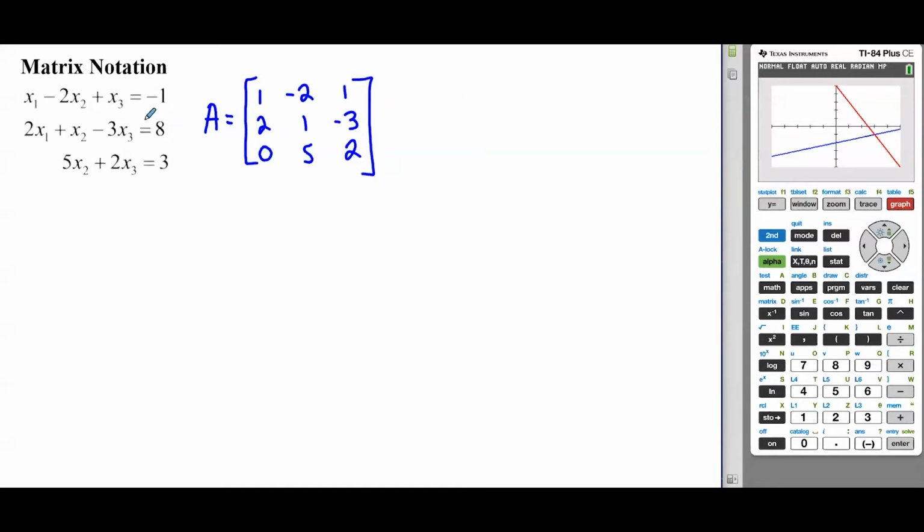The right side of the equation, we're going to call that vector B. And I use this little arrow vector symbol to let you know this is a vector. All a vector is, is a matrix that only has one row or one column, right?